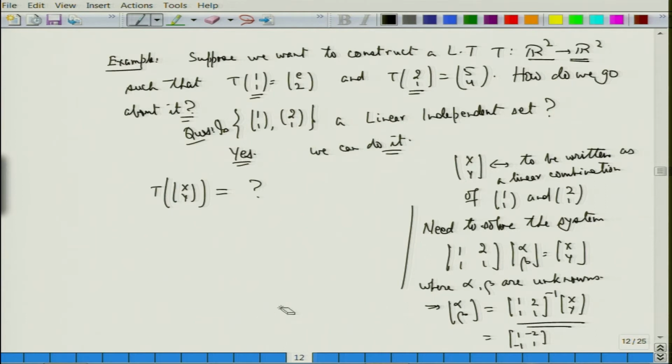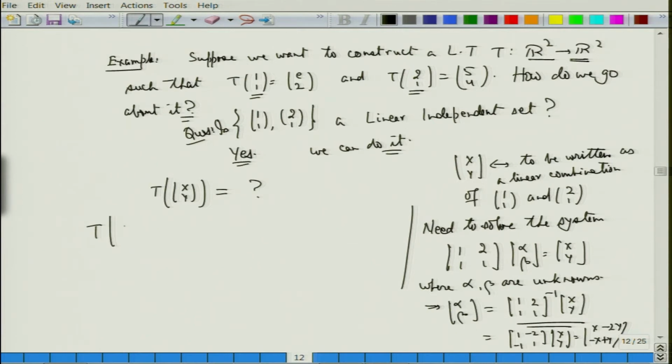The second one, 1 1 into this will give me 1 minus 2, and minus 1 1, which will give me 0 here and 1. Yeah, so this is okay, this is the inverse, no problem. So this times (x, y) is nothing but x minus 2y and minus x plus y. So alpha is this. So what we are saying is that this is equal to T of (x, y), which is nothing but alpha.